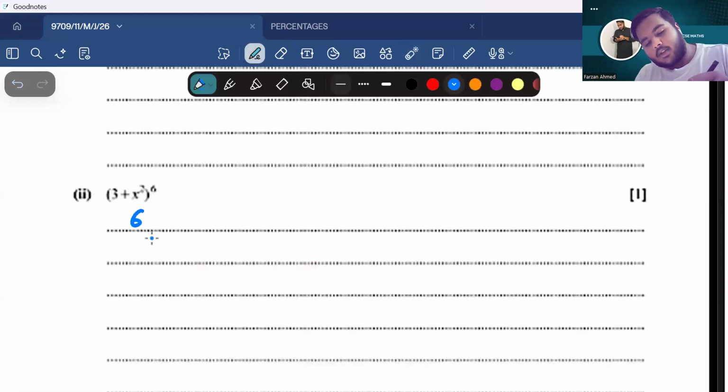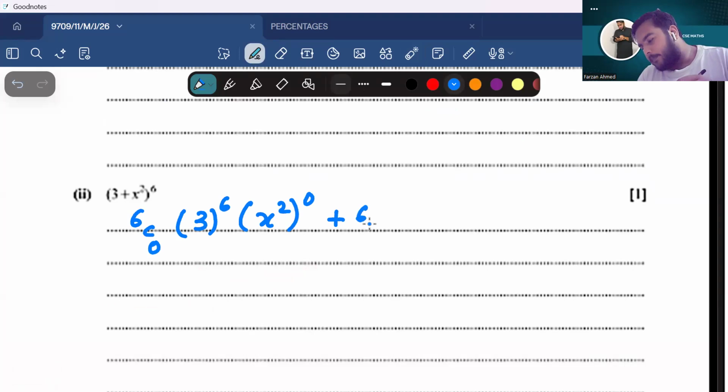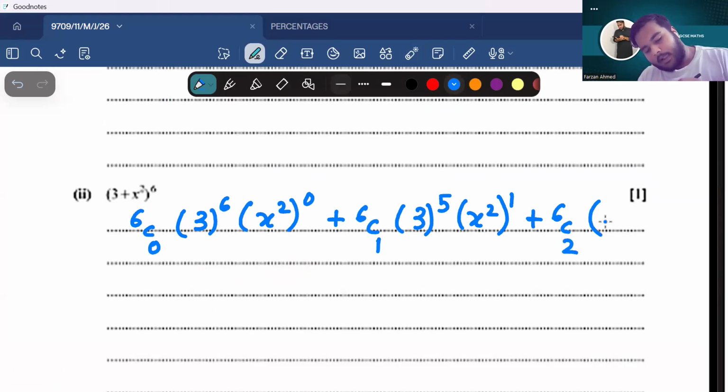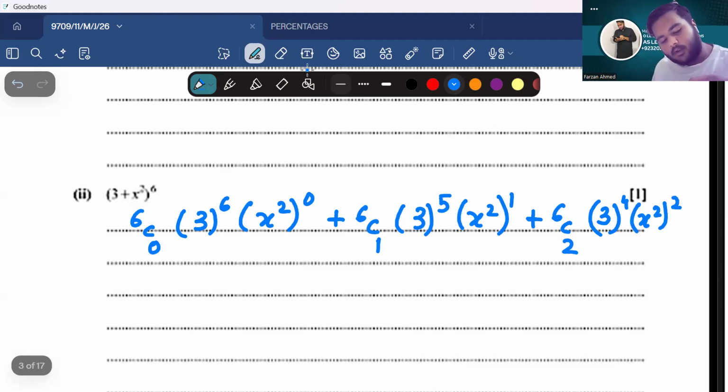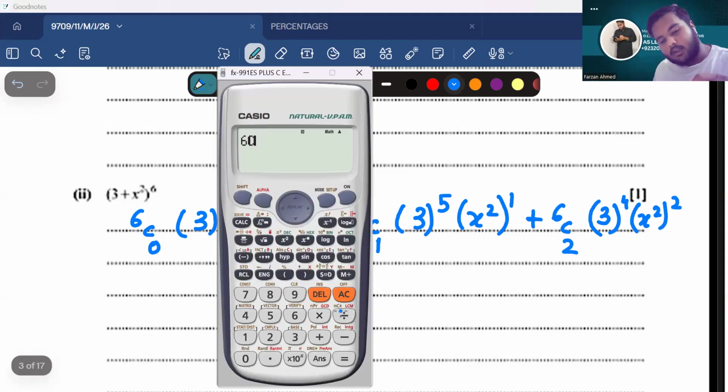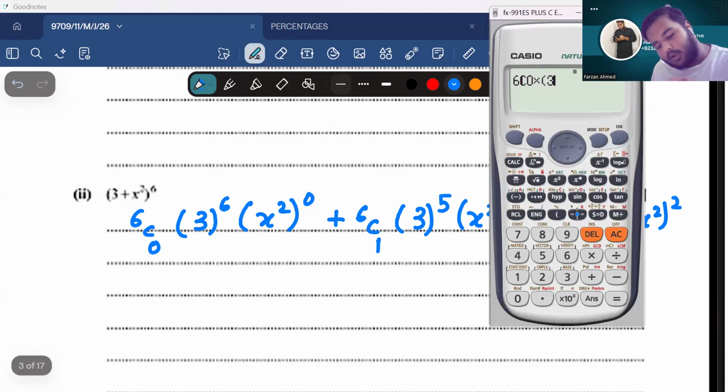We will do 6C0 times 3 raised to power 6 times (x square) raised to power 0, plus 6C1 times 3 raised to power 5 times (x square) raised to power 1, plus 6C2 times 3 raised to power 4 times (x square) squared. So 6C0 into 3 raised to power 6 is equal to 729.